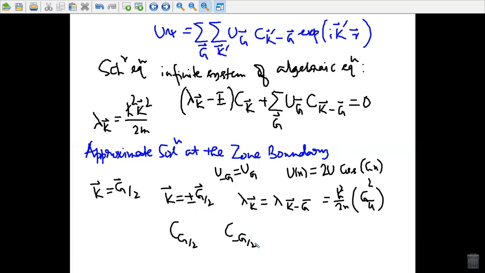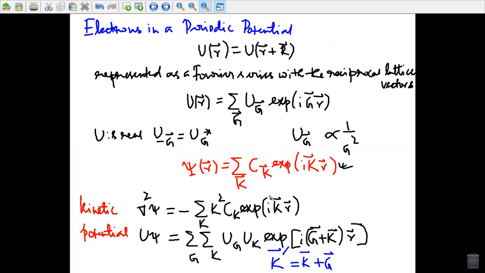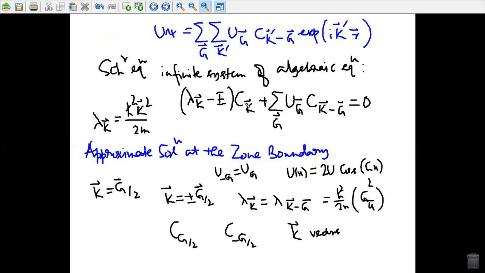We will now limit the k vectors for the series of the previous equation, psi(r) equals summation upon k C_k exponential i k r, to just 2.